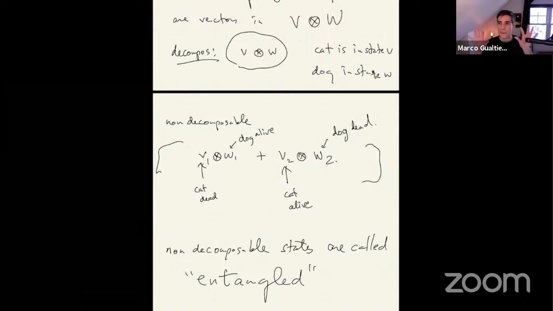The joint system is in some kind of a joint state, which cannot be interpreted as the combination of two pre-existing states. It is a linear combination of two things like that. And so it doesn't have a classical physical explanation.